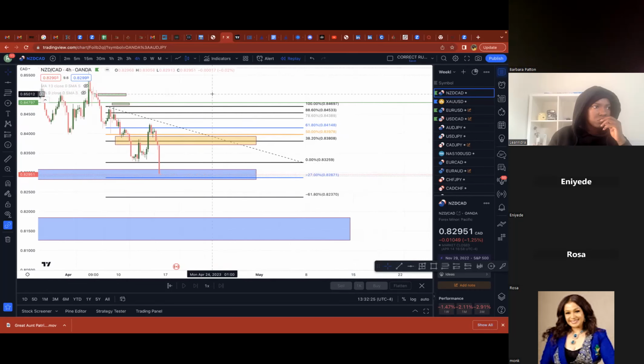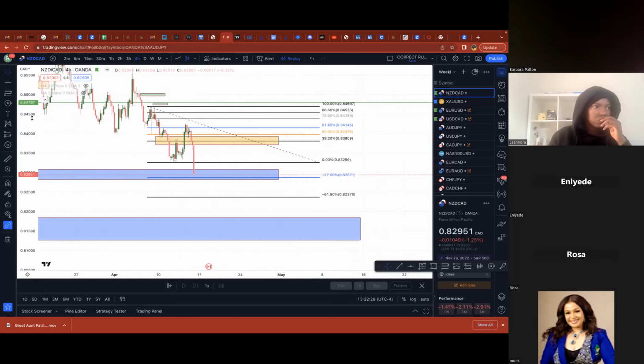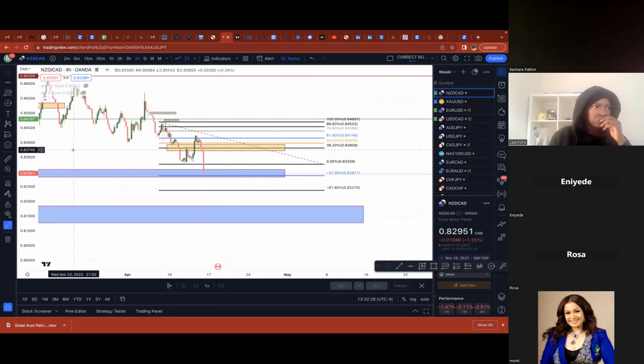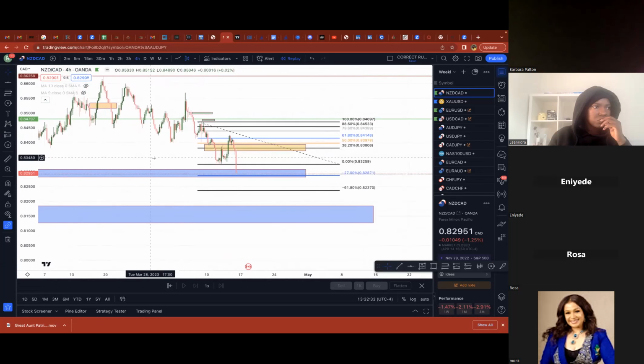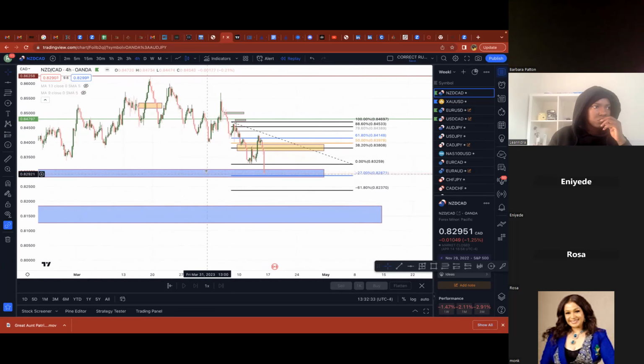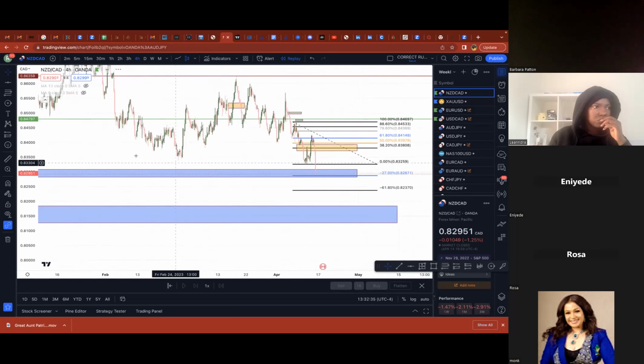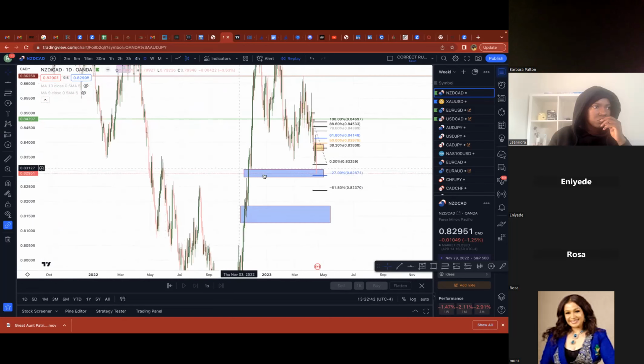And look, it also aligned up with the imbalance that we set up. You see this imbalance here, tap right in, boom, take your money.